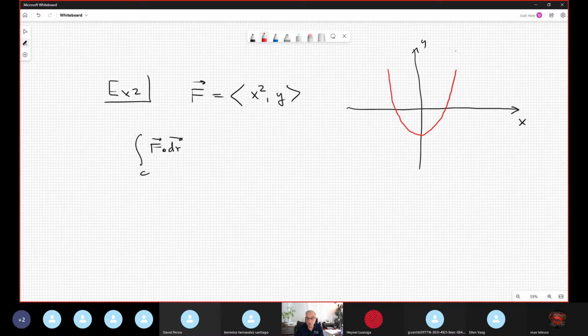The equation for this parabola is y equals x squared minus 1. This is negative 1, this is 0, 0, negative 1.